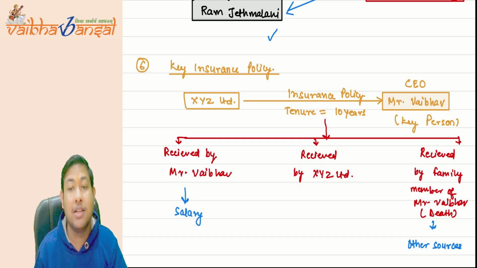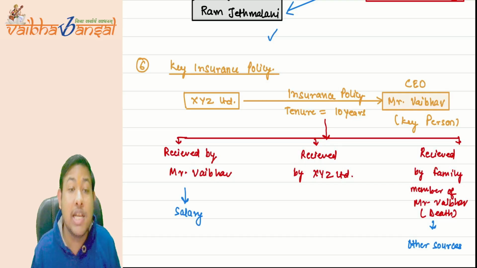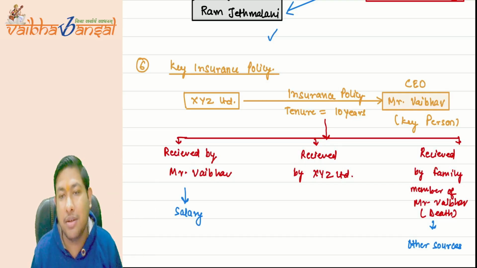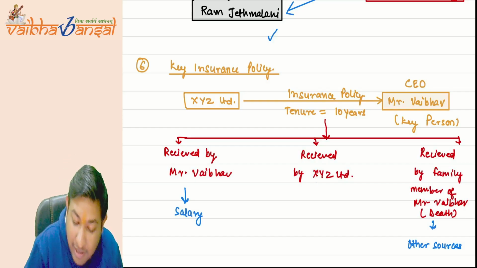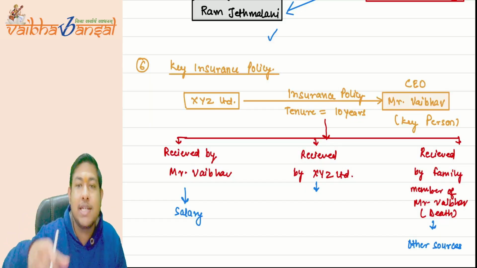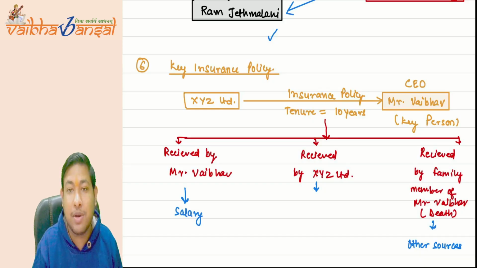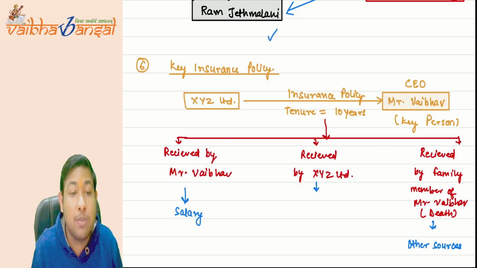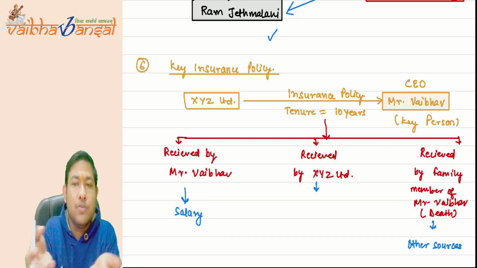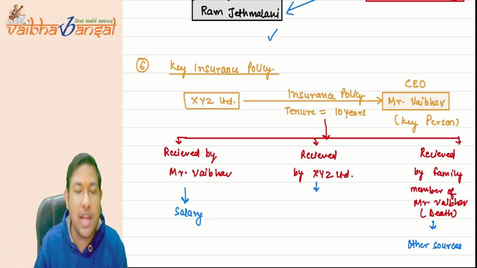But there is a point. If that insurance policy is received by XYZ Limited itself, then it is a benefit or perquisite arising from business or profession, because we want to retain a key person of our business to run our business very efficiently.